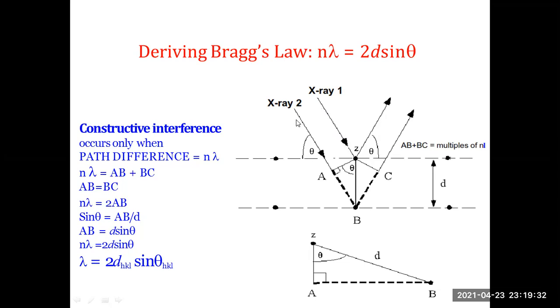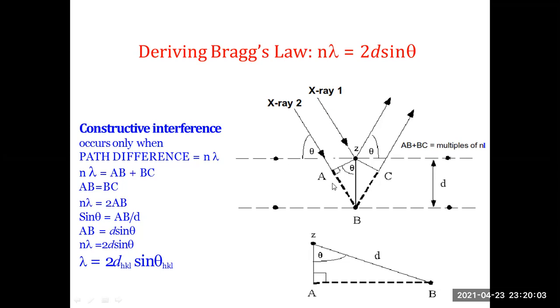And some X-rays will go inside the crystal. Taking the second atomic layer as an example, some of the X-rays will travel to the third layer and fourth layer and so on. For our convenience, Bragg has given us the information about only two atomic layers and how these two atomic layers lead to Bragg's equation.